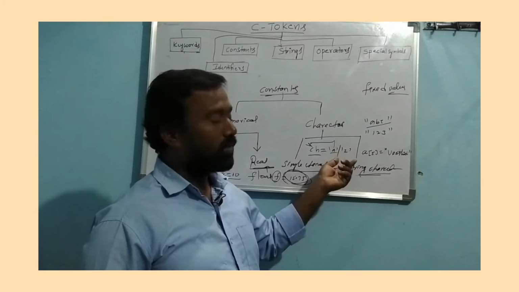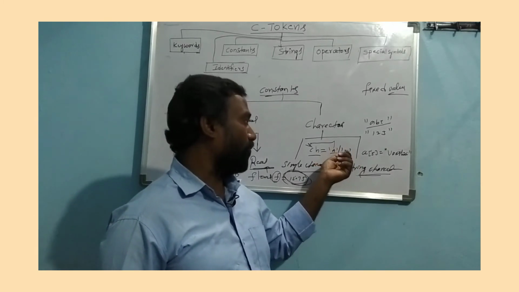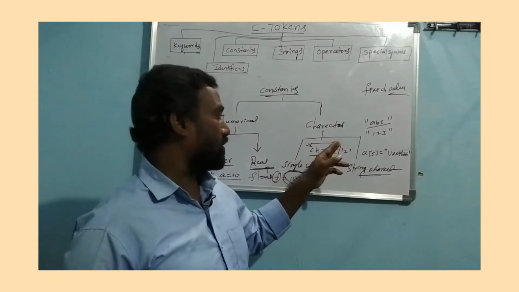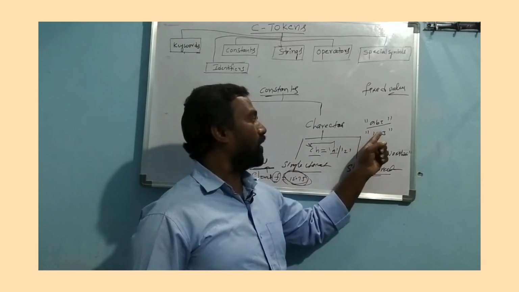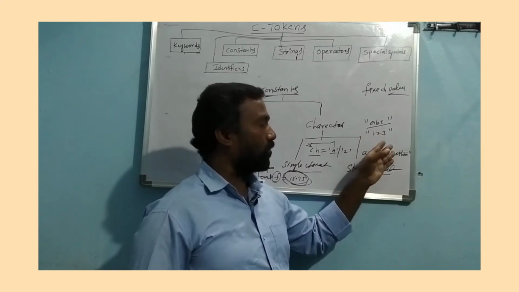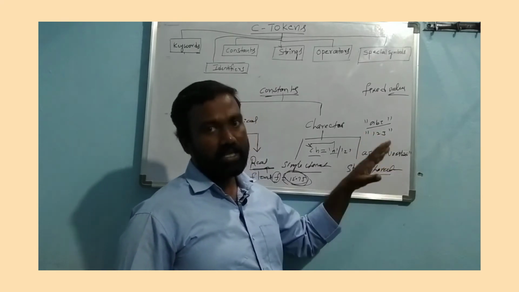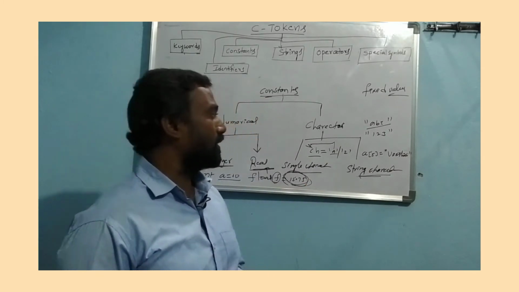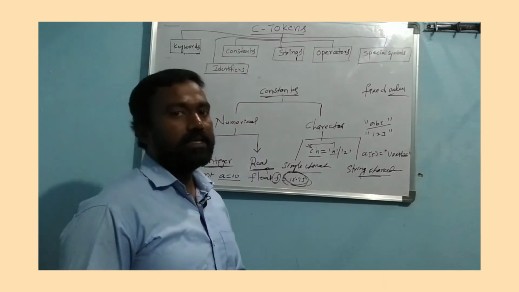Whatever we put within single quotations, they consider as a character. In the same way, whatever you write within the double quotation will be considered as a string. Single quotation means a character, double quotation means a string.